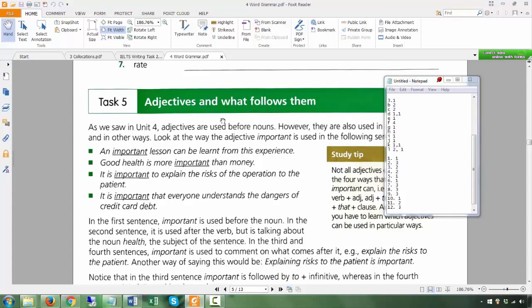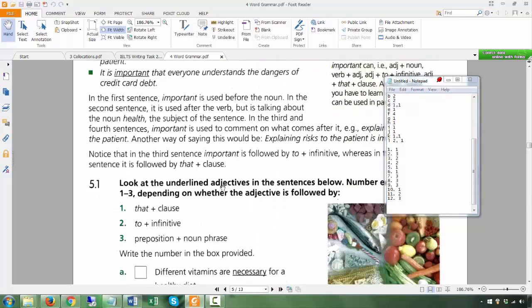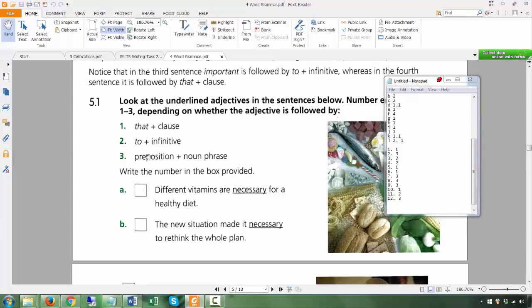The next is adjectives. So what we did above was the nouns, the noun patterns. Now we're talking about the adjective patterns. Okay, as you can see, very similar. That, to, plus preposition. So A, necessary for, that will be a preposition, so we go 3. B, necessary to rethink, that's a 2 plus base verb, that will be 2.